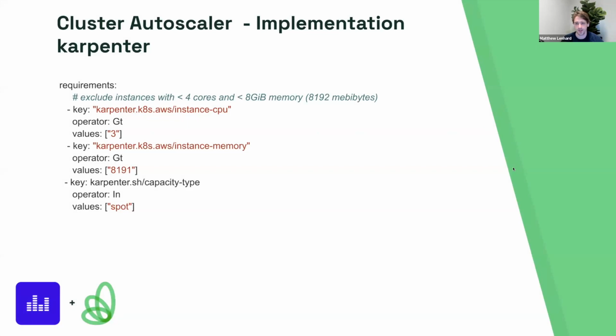The implementation's pretty straightforward. You set the key, an operator, and then a value, and it will tell Karpenter what type of node you want. So in this instance, less than 4 cores, less than 8 gigabytes, and we only want spot instances. This controls what nodes you're launching.